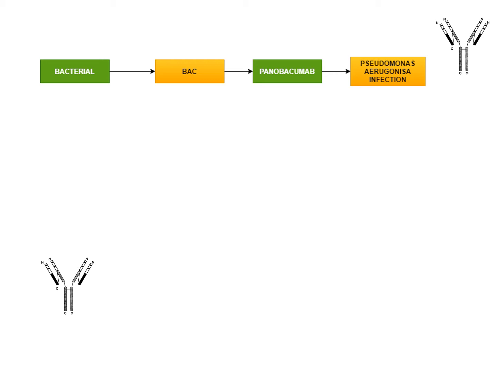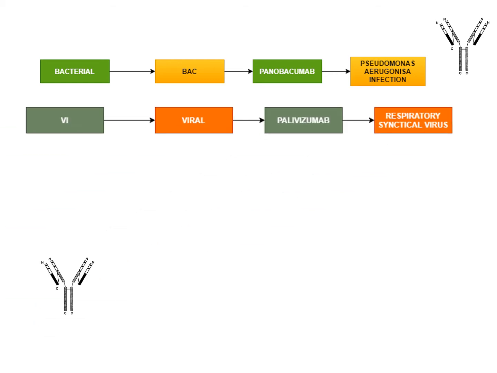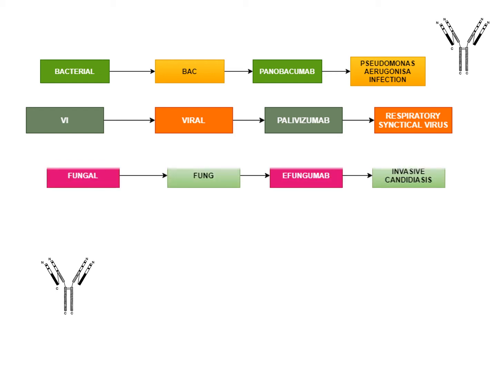BAC is related to bacterial, U is related to human source, given for Pseudomonas aeruginosa infection. The next is viral, palivizumab, given for respiratory syncytial virus infections, contains the letters VI, then U for human source.